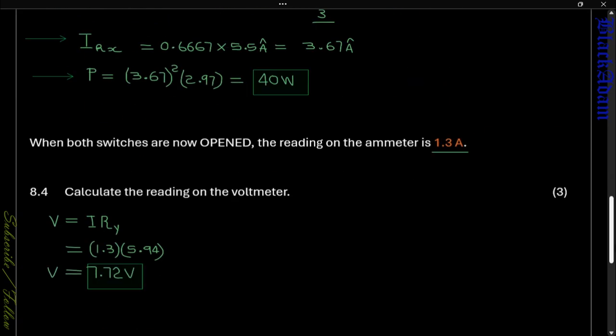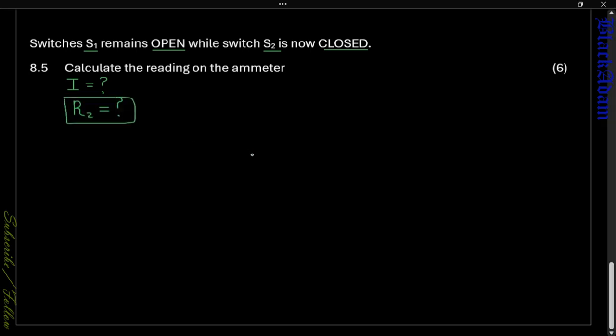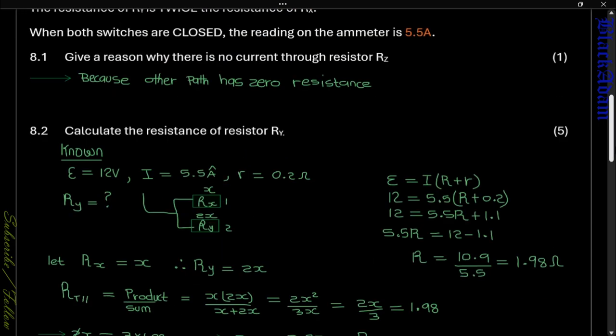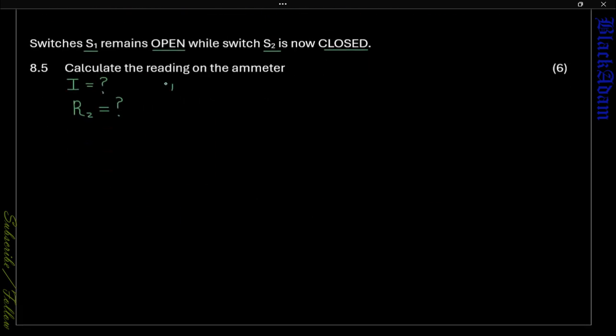And that's the voltmeter reading at Ry. And then we calculate the reading on the ammeter. Here we don't know the current, and we don't know resistor Z. Remember that when the switch was open, the current now flows into RZ, goes through up to the ammeter and so forth.